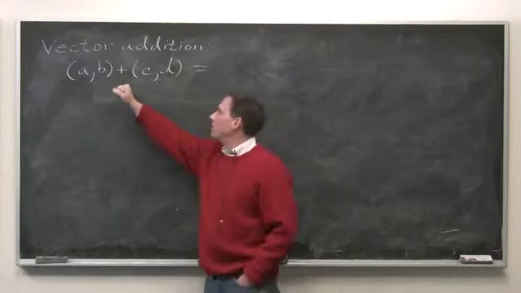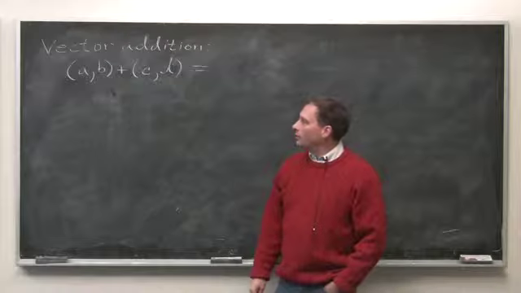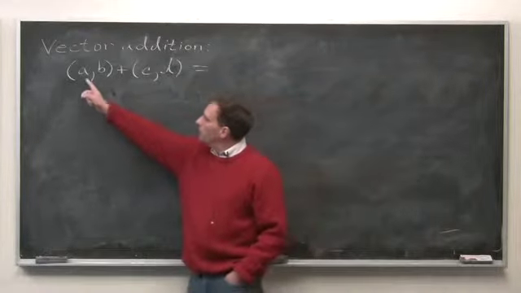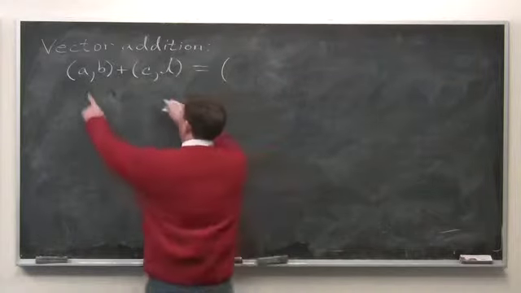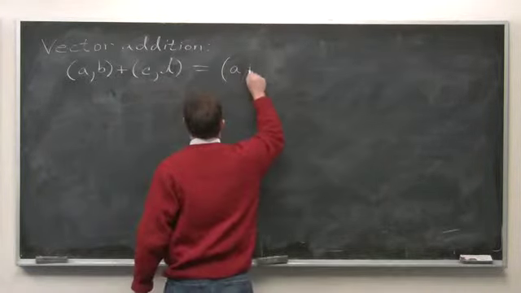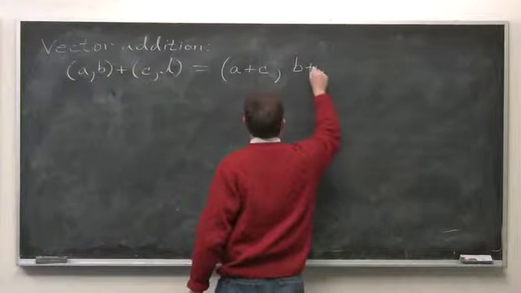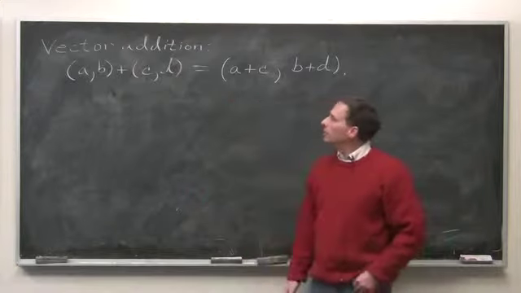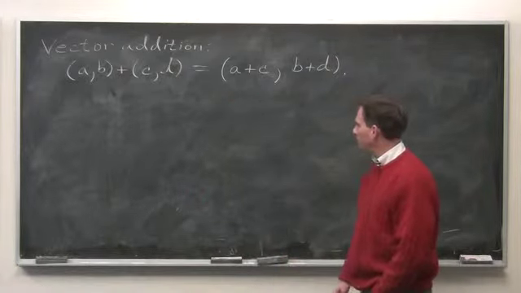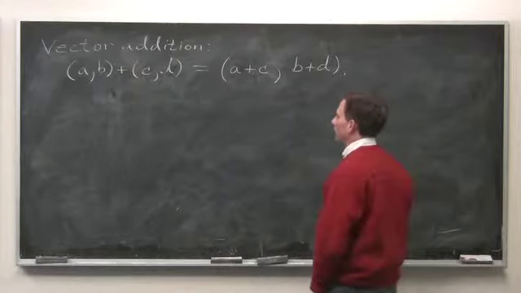If you have the vector AB and you want to add the vector CD, how do you add those vectors? You add the initial x coordinates, so you add A and C. So people say you define it component-wise. And you add B and D. So you just add the corresponding entries in the 2 vectors. So yes, that's the definition of vector addition.